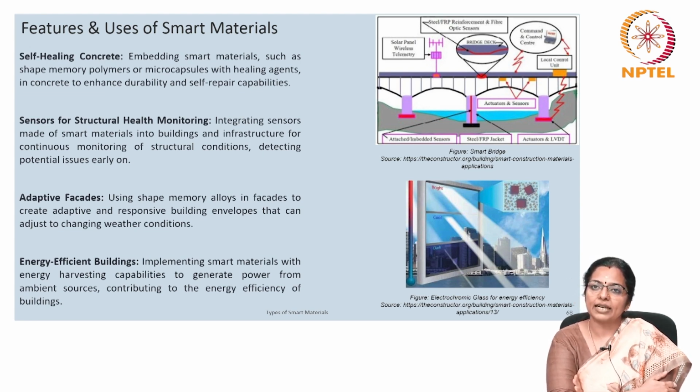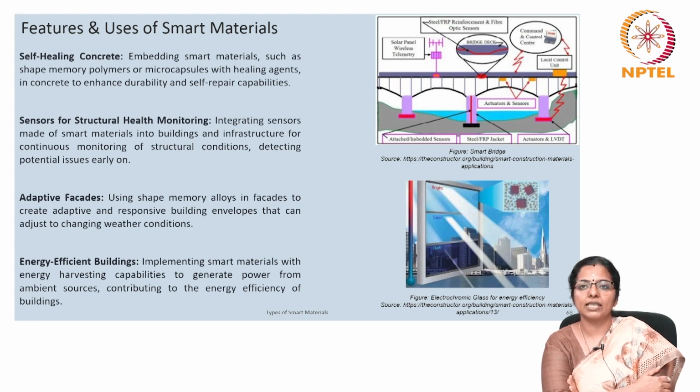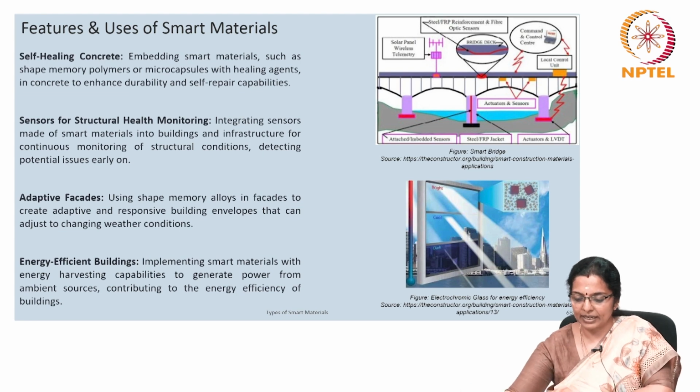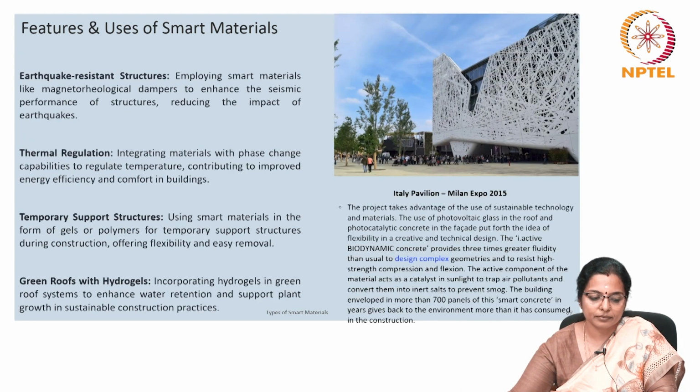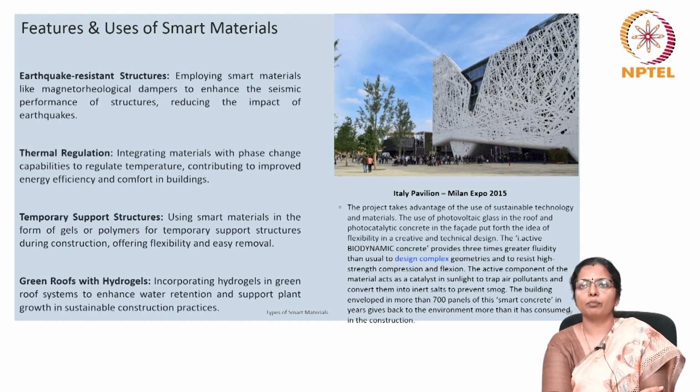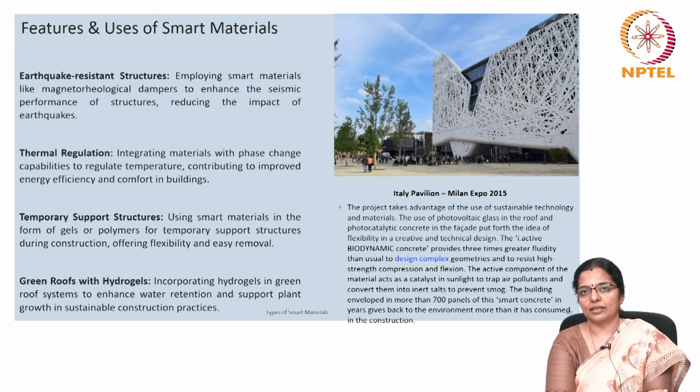Energy efficient buildings: implementing smart materials with energy harvesting capabilities to generate power from ambient sources, contributing to the energy efficiency of buildings. Earthquake resistant structures: employing smart materials like magnetorheological dampers to enhance the seismic performance of structures, reducing the impact of earthquakes.